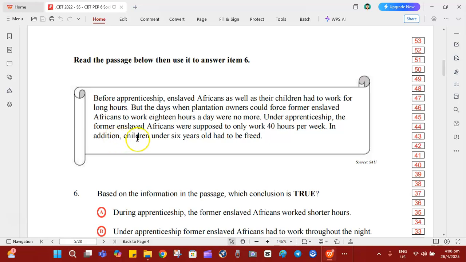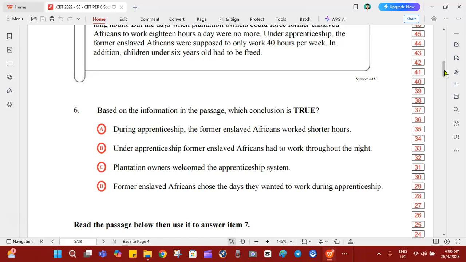In addition, children under 6 years old had to be freed. So don't confuse the 40 hours per week with the 18 hours a day to say 40 is more. 40 hours a week, if they were to work 5 days, 5 times 8 would be 40, so that would be a minimum of 8 hours a day, while before they would have been 18 hours. So ensure you look at the hours per day as against hours per week.